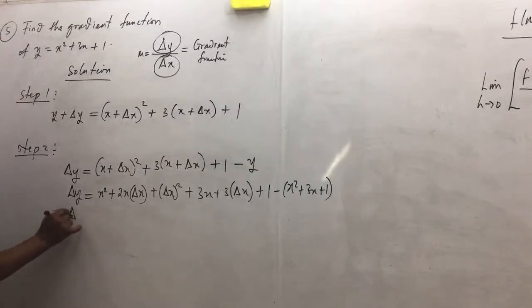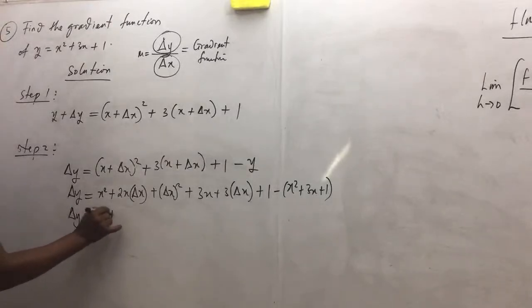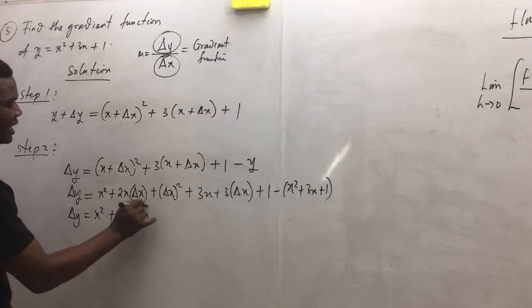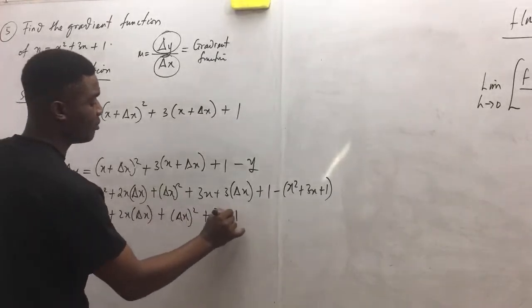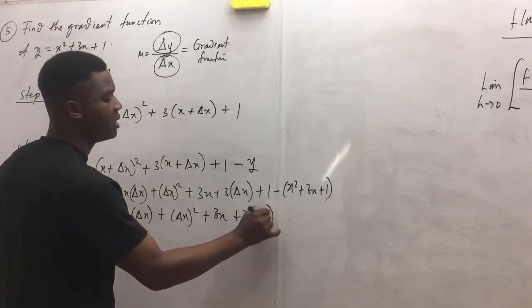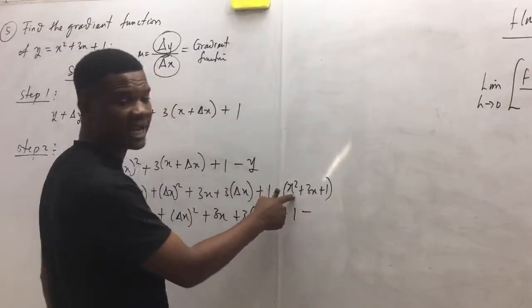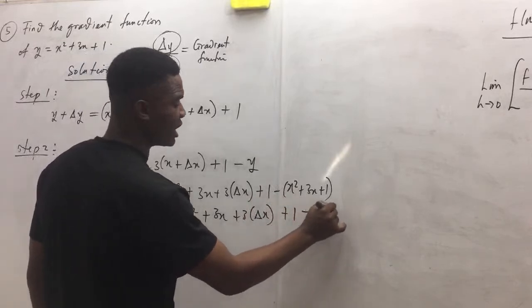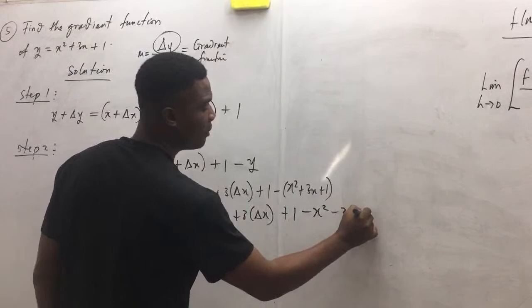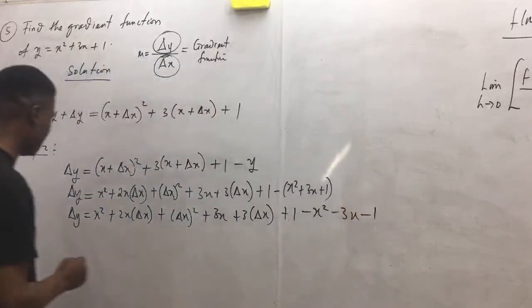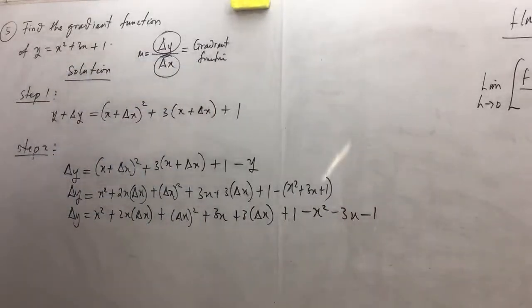So this is change in y equals x squared plus 2x in bracket change in x plus change in x all squared plus 3x plus 3 in bracket change in x plus 1, minus times x squared will give you minus x squared, minus times 3x will give you minus 3x, and minus times 1 plus 1 will give you minus 1. Now at this point in time, there will be some cancellation.